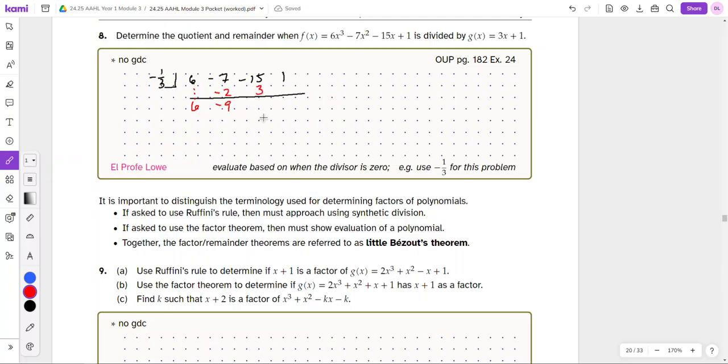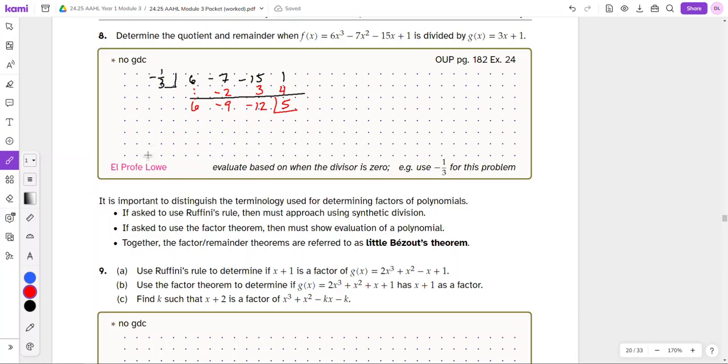That's going to be a positive 3. All right, add. That's going to be a negative 12. And then lastly, if I multiply here, that's going to be a 4, and add, that's going to give me a 5. So I know that 3x plus 1 is not a factor of f of x.